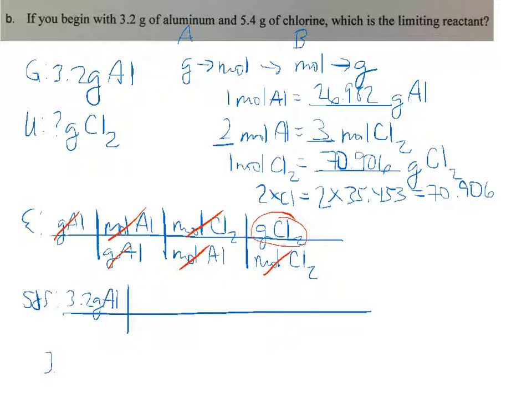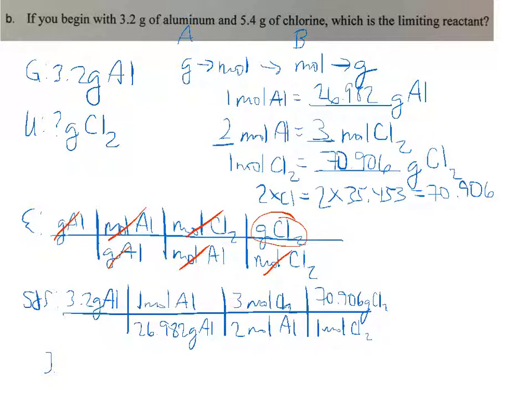Oops, I apologize. Let me fix that. Okay, so 3.2 grams divided by 26.982 times 3 divided by 2 times 70.906.